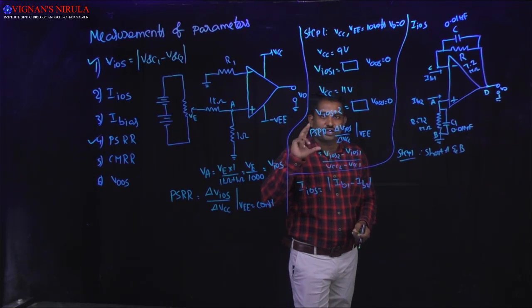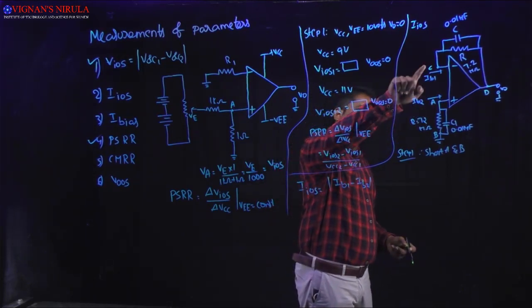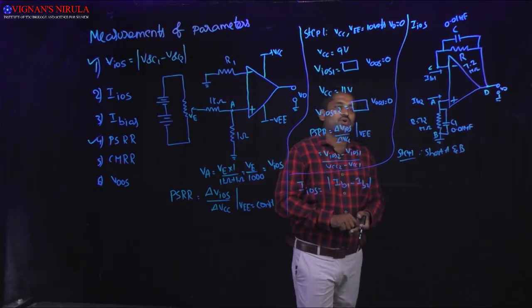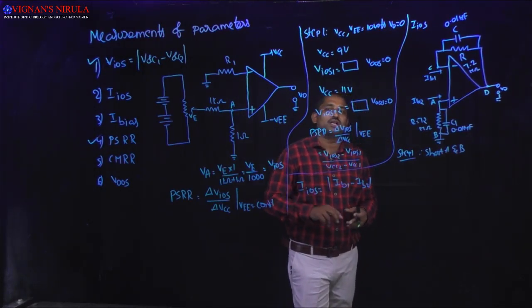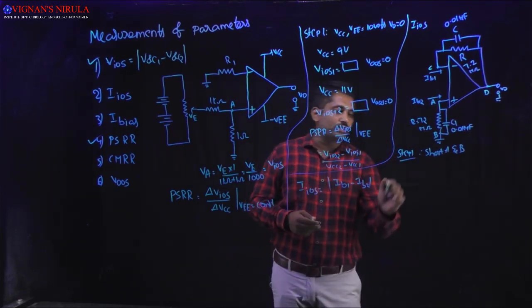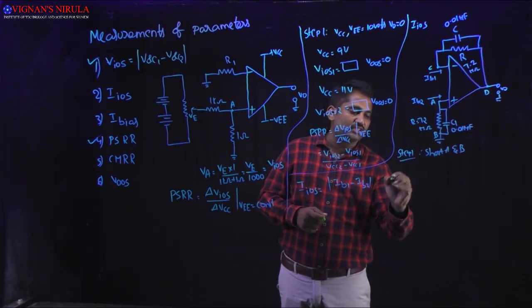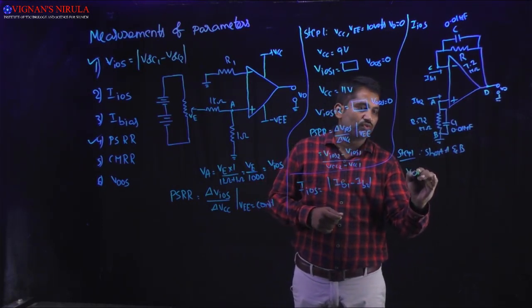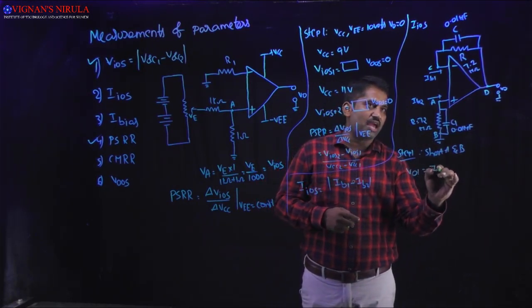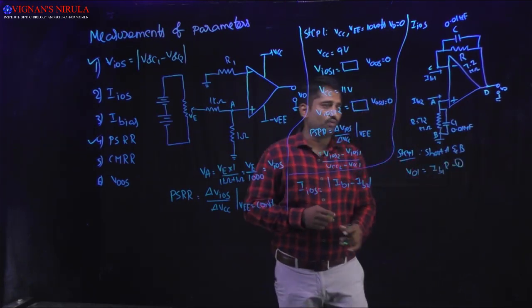According to the virtual ground concept, the potential at A will be equal to the potential at C, so C is also equal to 0. Now I assume the output voltage as V01. So V01 is equal to IB1 into R. Take it as equation number 1.